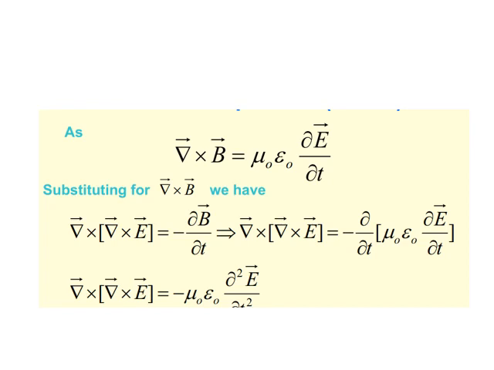If you take it to a single side, you have del squared E minus mu naught epsilon naught dou squared E by dou t squared equal to 0. That is the electric wave equation.